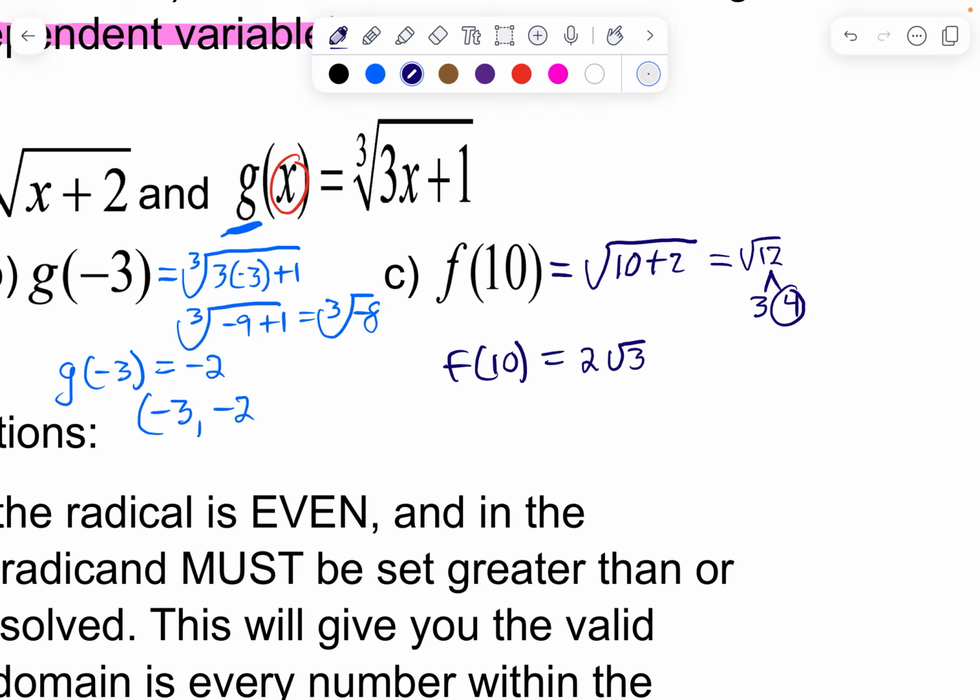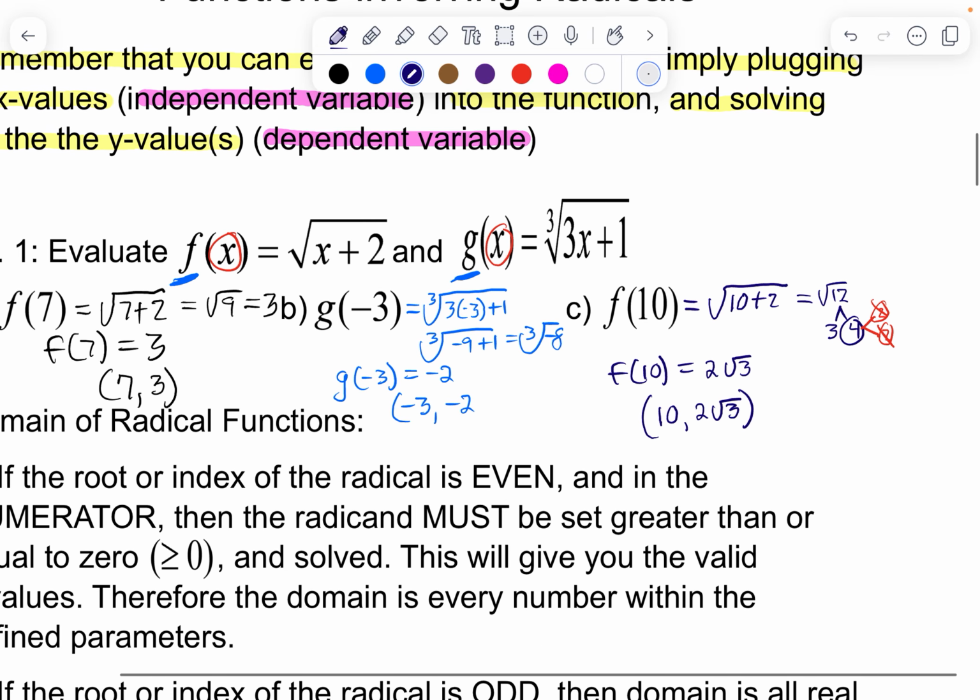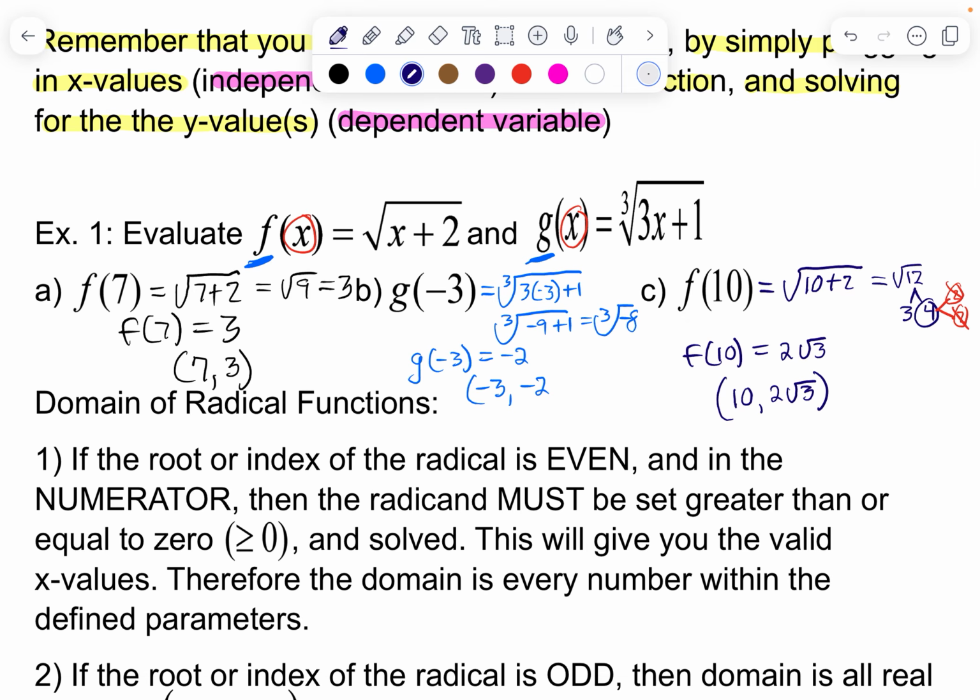Just in case you forgot how I got that 2, remember that 4 breaks down into a 2 and a 2, and every pair comes out as one of that value. So what we're dealing with here is the fact that when x is 10, y is 2 square root of 3. And that's how easy evaluating radicals are.